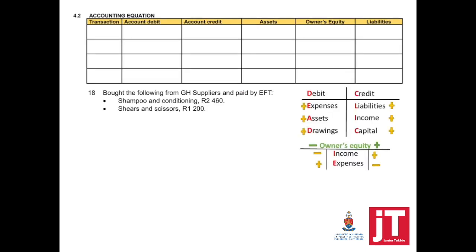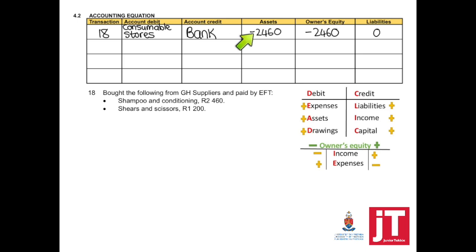Day 18. Bought the following from GH Suppliers and paid by EFT. Account credit, bank, a payment was made. For what? Consumable stores, assets minus, owner's equity minus, liabilities, nothing.